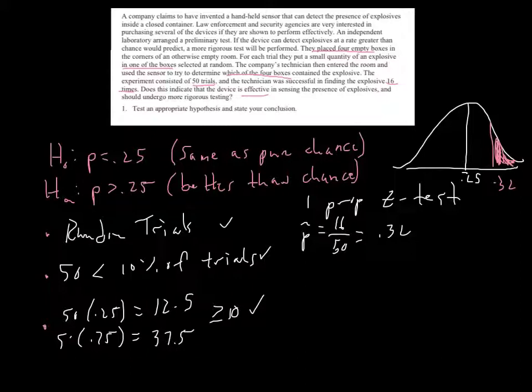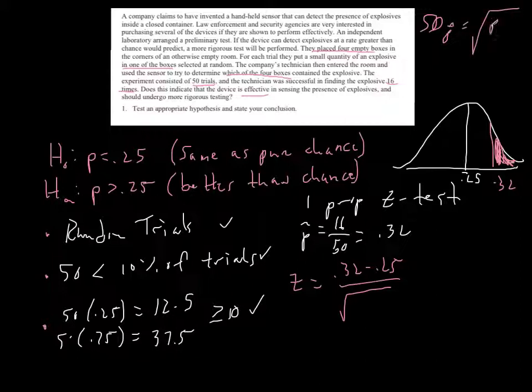So we're going to figure out our z-score. That's going to be 0.32 minus 0.25 over our standard deviation of p hat. Standard deviation this time is denoted, and I'll write it up here, and our standard deviation of p hat, not standard error, is equal to the square root of p naught q naught, where q naught is 1 minus p naught, divided by n.